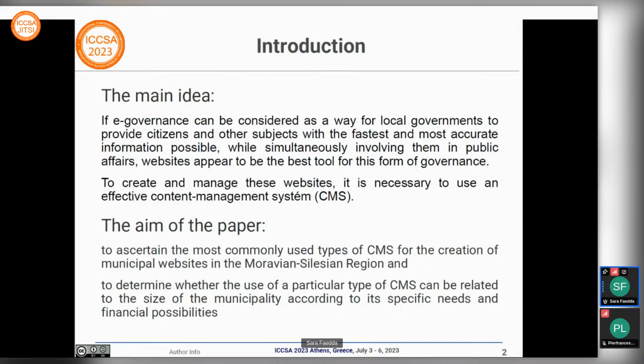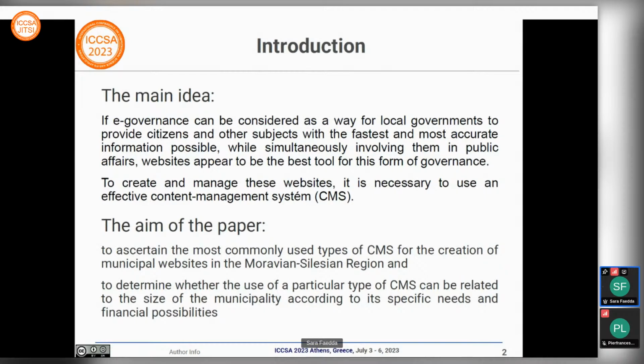So the main idea of my presentation: the paper was done with my colleague from the informatics department, Radim Dolak, and we tried to investigate how the websites of various municipalities in our region are done, and if there is any connection with the type of so-called CMS, content management system.